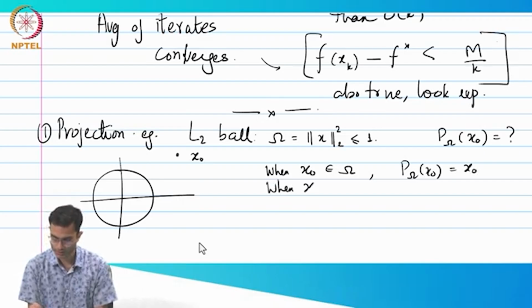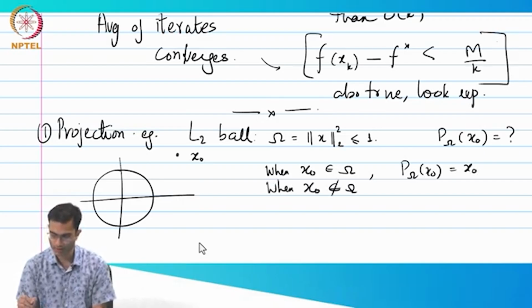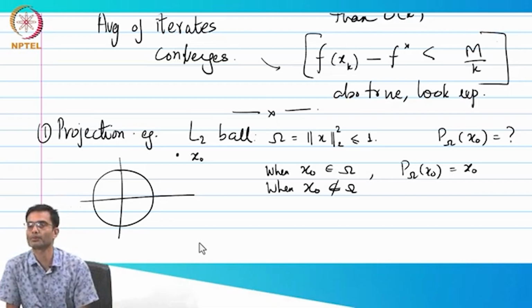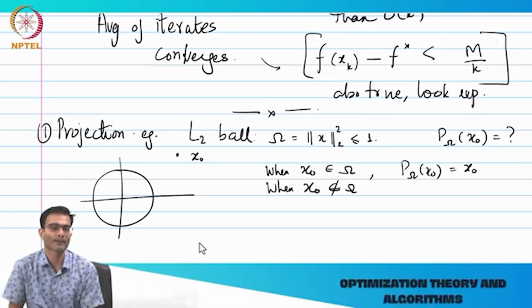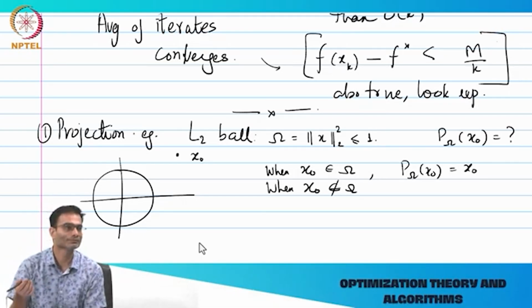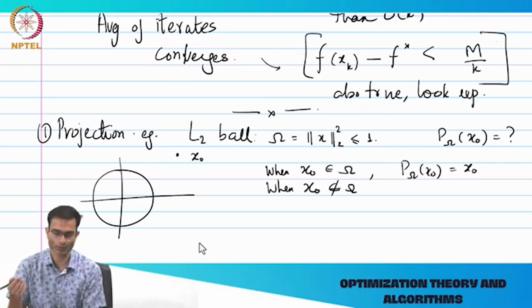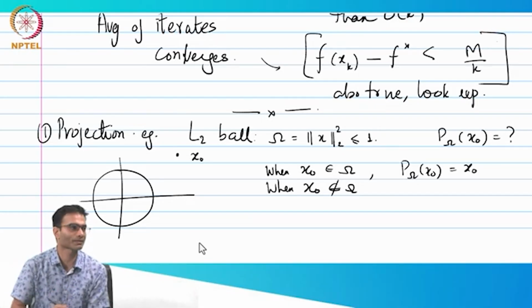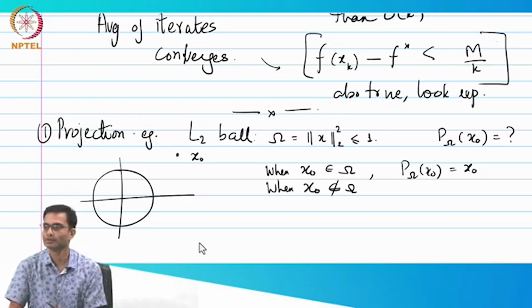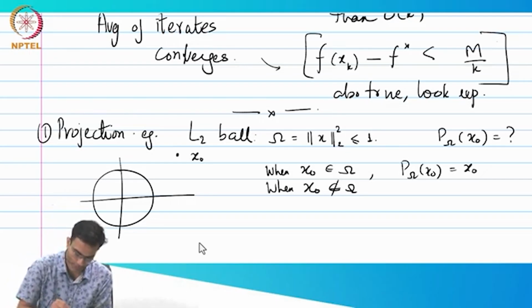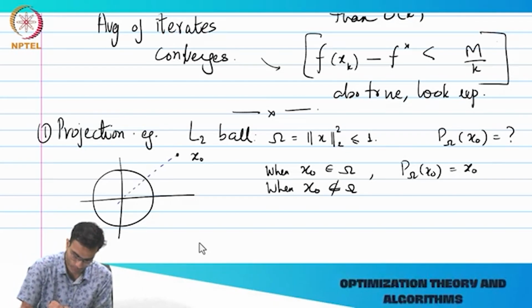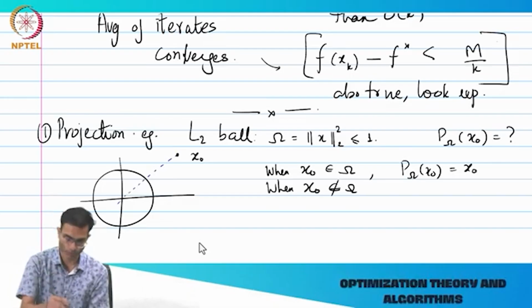Now when x naught is not in this, what is the solution to this problem? It's very simple. Anyone? Smaller circle, okay, but can we draw this with a pencil and ruler? Correct, the origin, exactly. Take the origin, connect it over here, and the point over here, right?